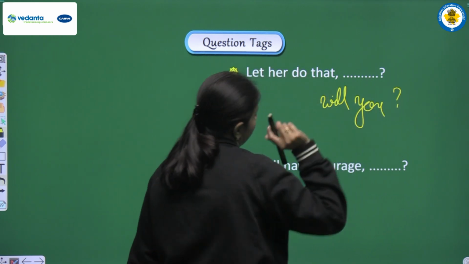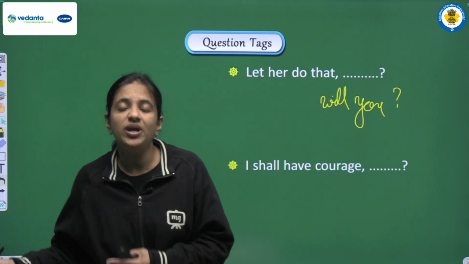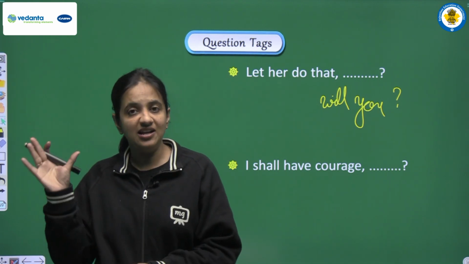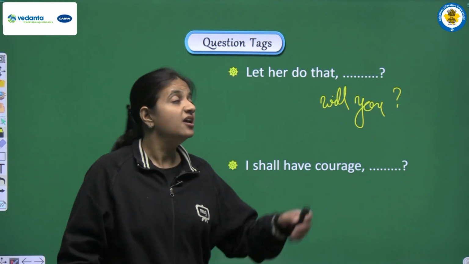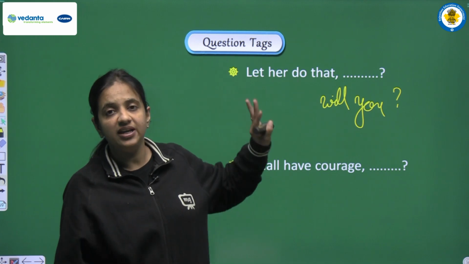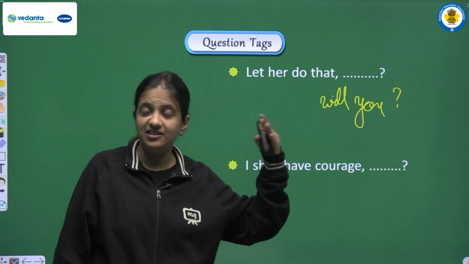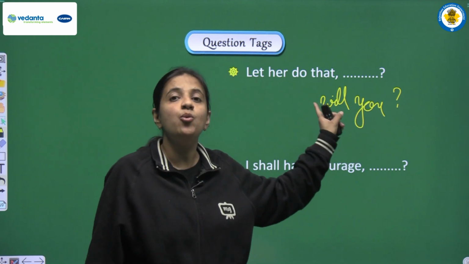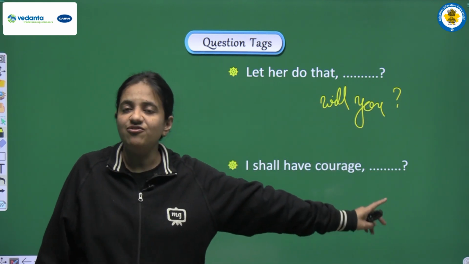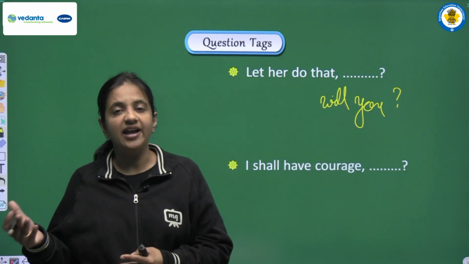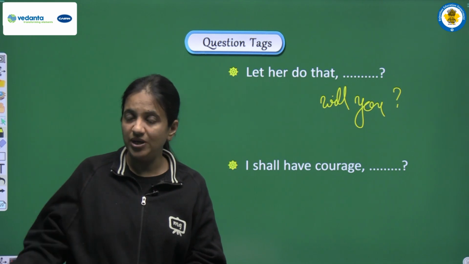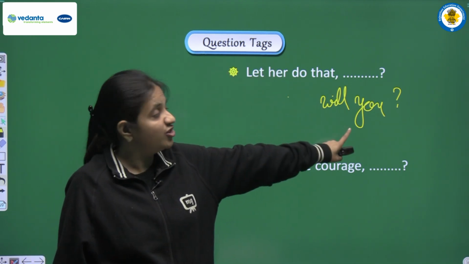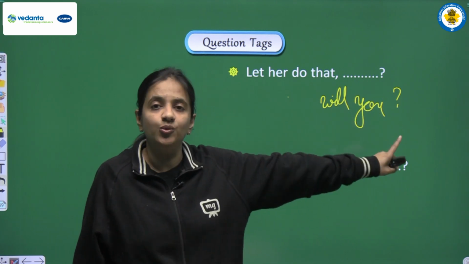So students, you have to learn this: the question tag shall we is applicable only when we have let's, or let us. But if we have let me, let her, let him, let them, or such words after let, then the question tag will be will you. Only if we have us after let do we write shall we. If we have any other word after let, then the question tag will be will you.